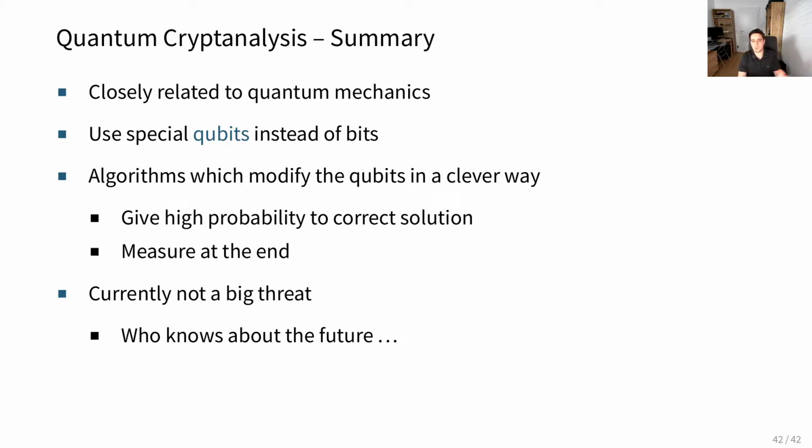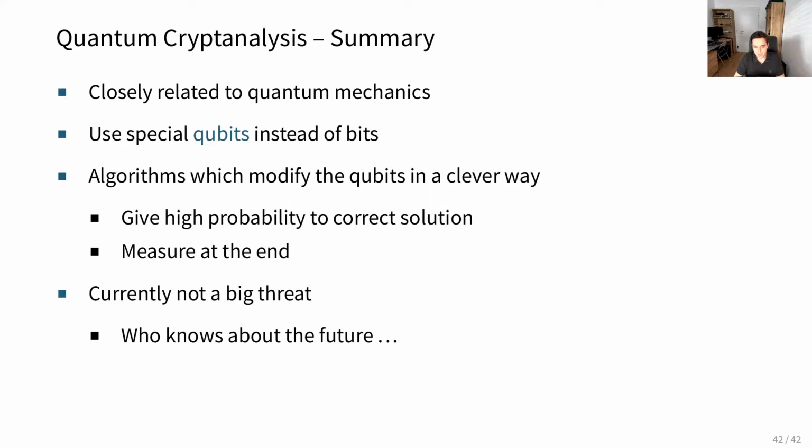It was just a term here, but what actually is a qubit in the real world? And yeah, we use these special qubits instead of bits, and the algorithms are, this is a bit hand wavy here, built such that they modify the qubits in a clever way. So that's what a quantum circuit does.